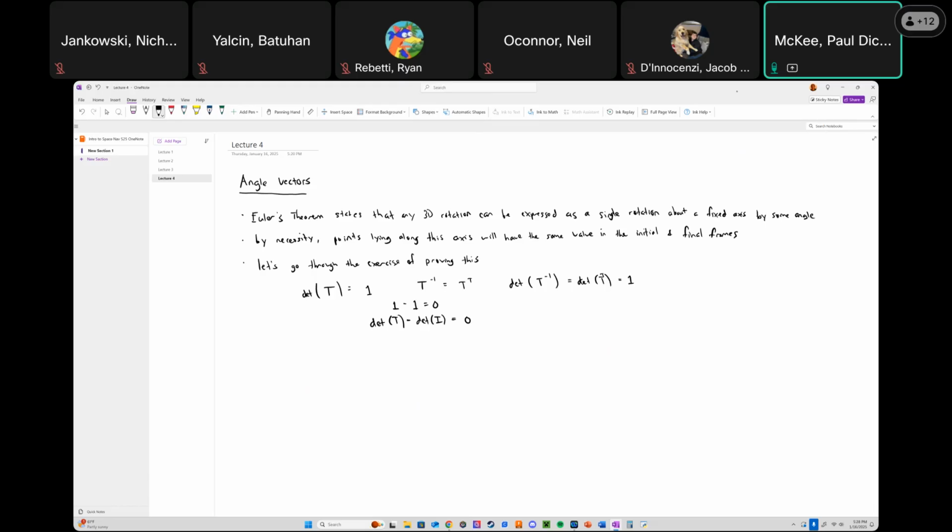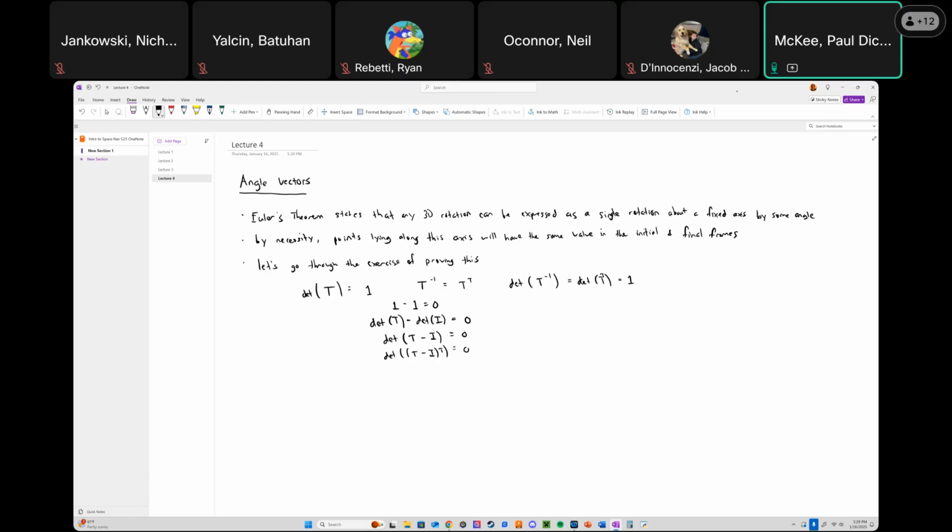Okay, now comes the party trick. We're going to do a whole bunch of steps, and each of these is a legal move. And then when we're done, you see something really neat. So you can rewrite this as the determinant of T minus I, still 0. You could also say that this is the determinant of (T minus I) transpose, right?